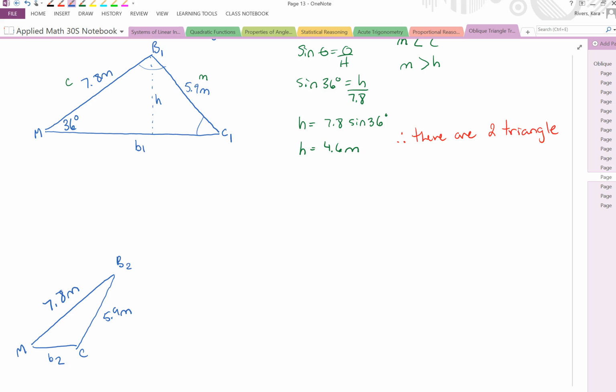So I've got sine of C1 over side C, which is 7.8, and then I would have sine of 36 degrees over side M, which is 5.9. Solving for angle C1, cross multiply and divide, and then we inverse sine it.